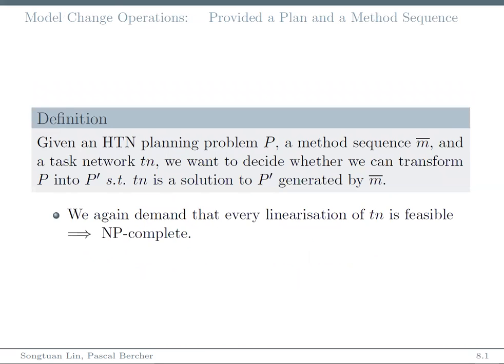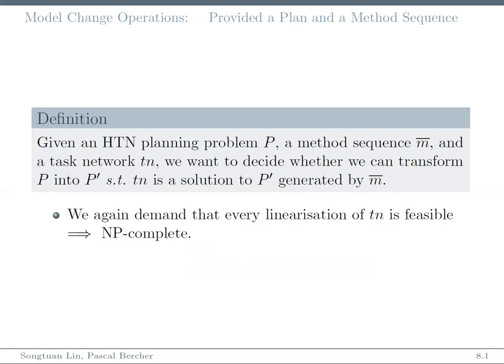Although we did not dig deep into the proof, we can still see that one hardness source is that we don't know which decomposition method sequence can lead to the solution task network.